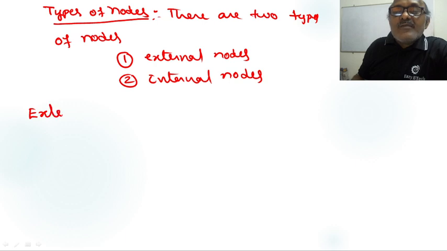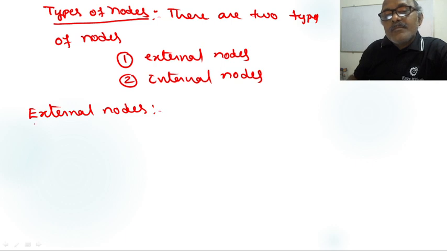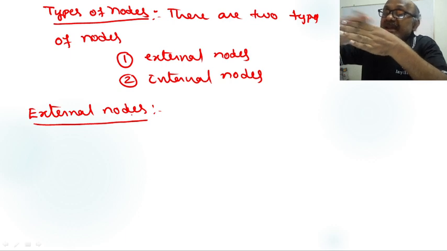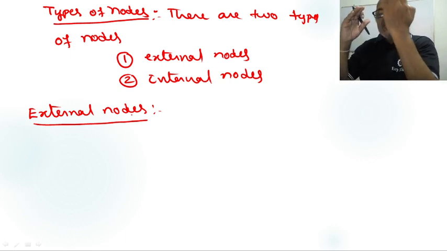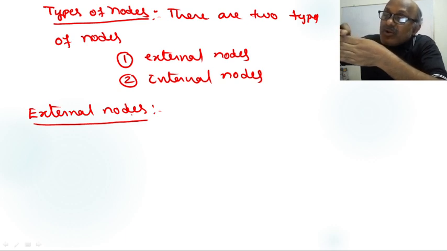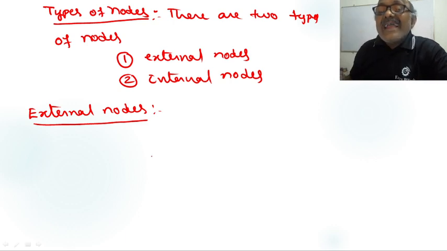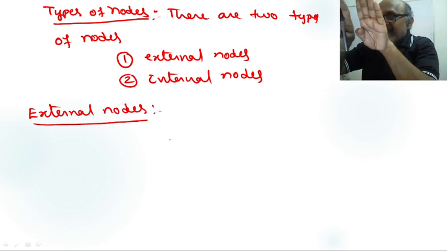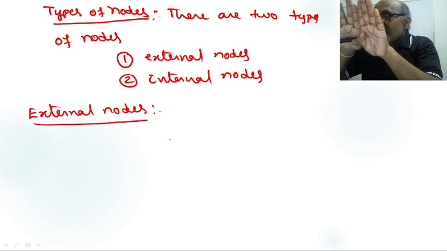What are external nodes, my dear students? The nodes which are present over the boundary surface of the element. Suppose my hand is an element. Whatever nodes are present over the boundary surface of the element are called external nodes. These nodes are common to other elements also.